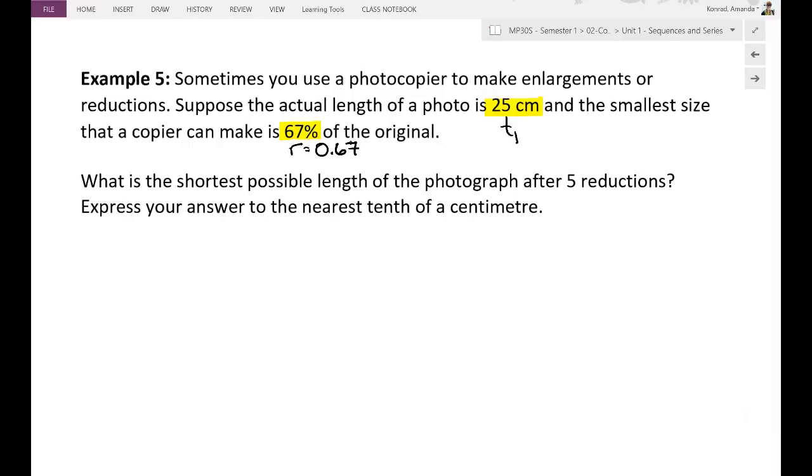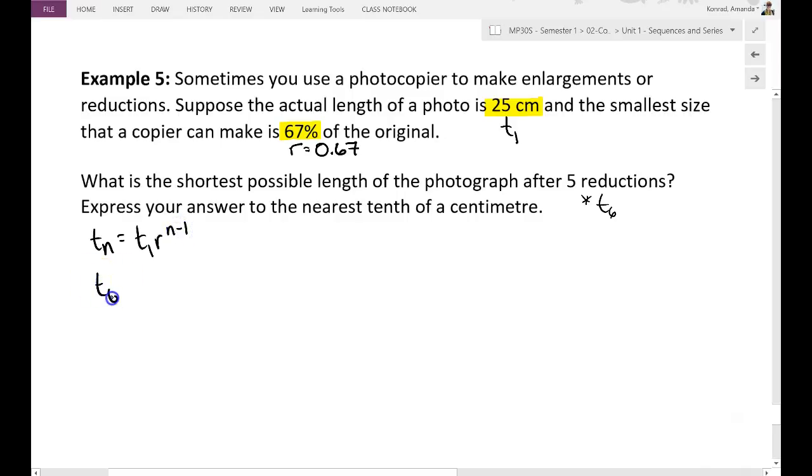Now, if we're doing 5 reductions, term 1 is with 0 reductions. 5 reductions is actually going to take us to term 6. From here, we use our equation. Term n equals term 1, our common ratio to the power of n minus 1.